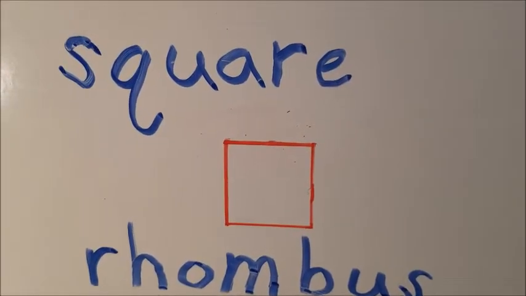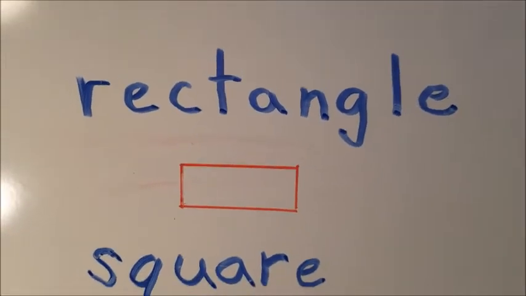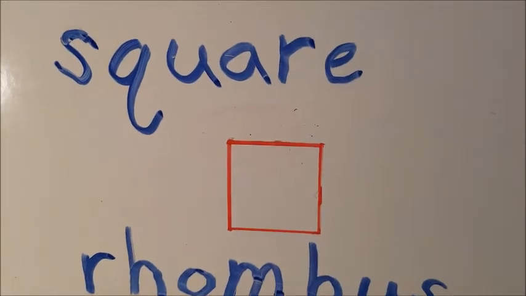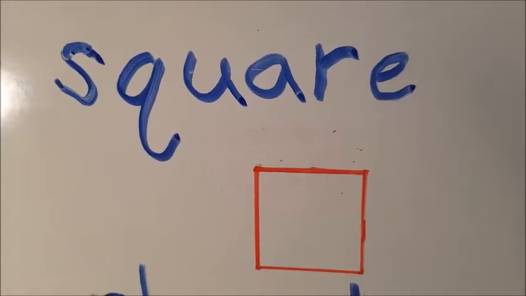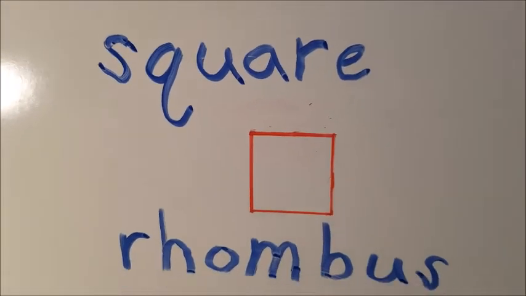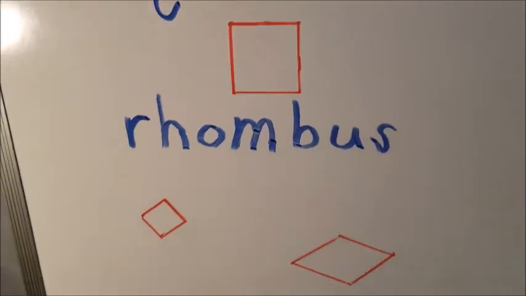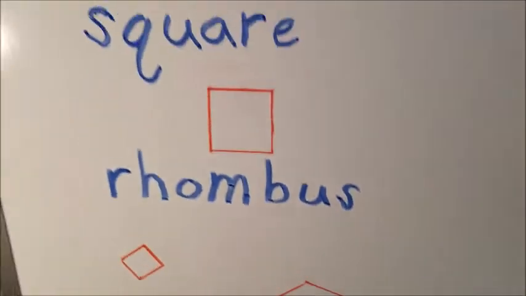All squares are rectangles, but not all rectangles are squares. Squares are rhombi, but not all rhombi, like that one, are squares.